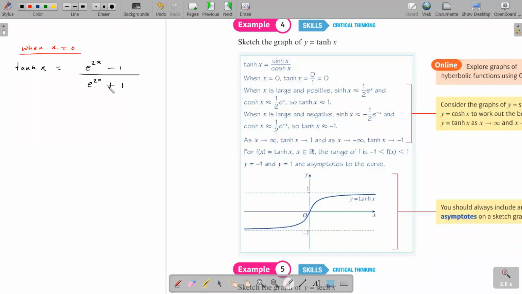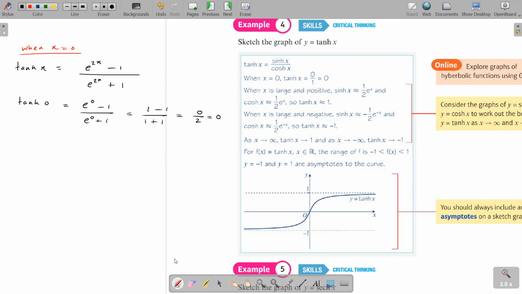All right, guys, this is the tanh x equation. All you've got to do is replace the x value with 0. Tanh 0 is e to the power 0 minus 1 over e to the power 0 plus 1. e to the power 0 is 1, so 1 minus 1 on top, and 1 plus 1 below. So 0 over 2 is basically 0. So tanh 0 is 0. That's one main point.